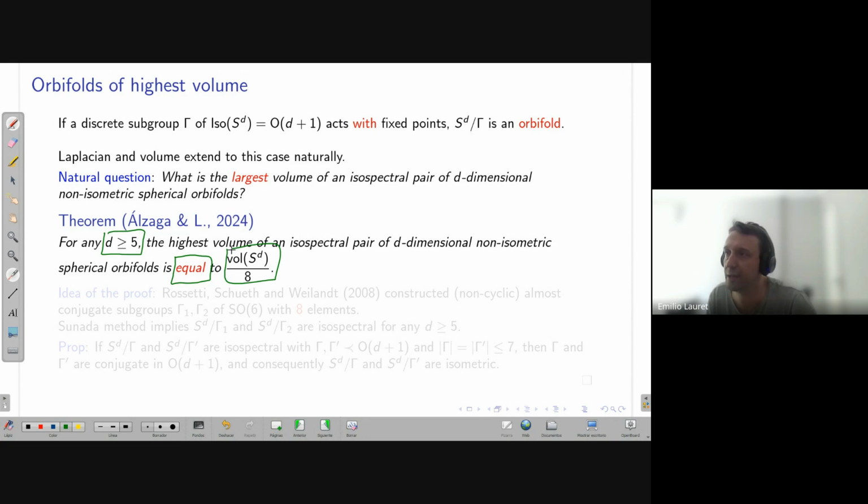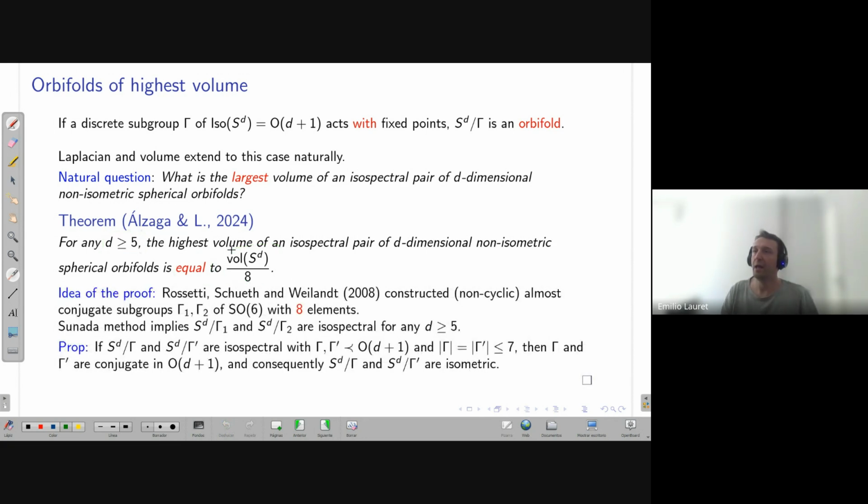Let's explain in detail. How do we prove it? We use a very smart example done by Rossetti, Dorothee Schueth, and Weilandt: Juan Pablo Rossetti from Córdoba, Dorothee Schueth from Berlin, and Weilandt, I think from Florianópolis. They constructed a pair of almost conjugate, non-cyclic subgroups of SO(6).